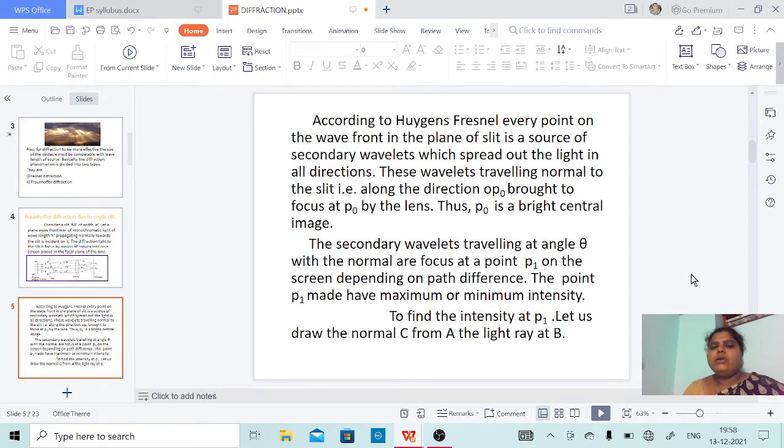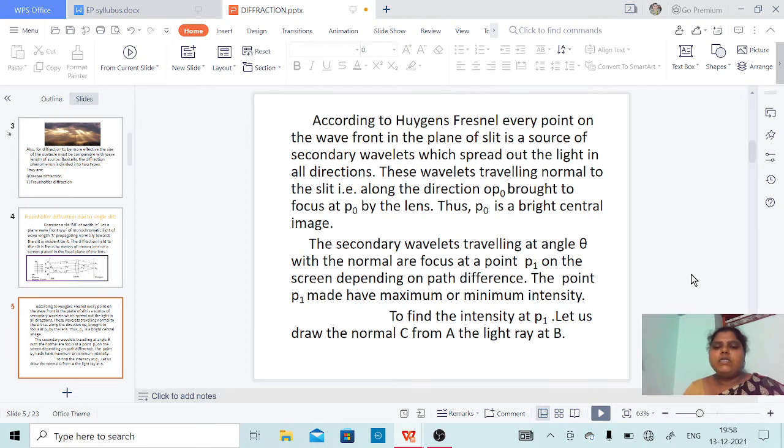Next, according to Huygens-Fresnel, every point on the wavefront in the plane of the slit is a source of secondary wavelets which spread out the light in all directions. The secondary wavelets are the main reason for the light spreading in all directions.